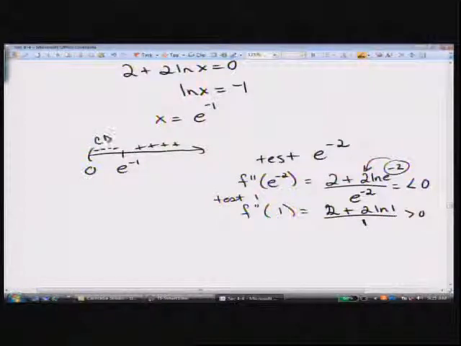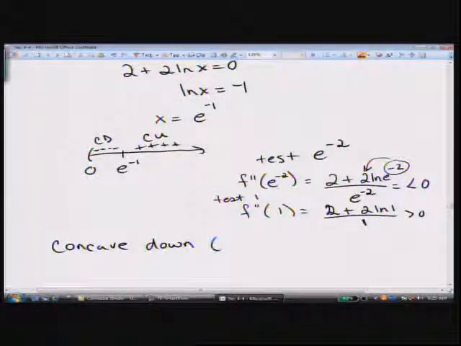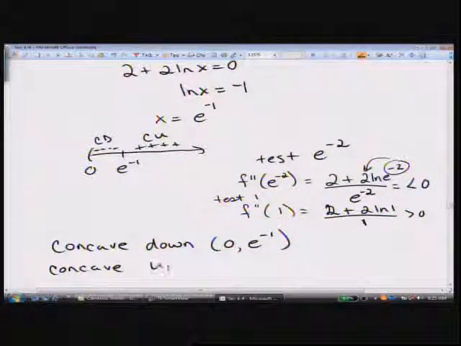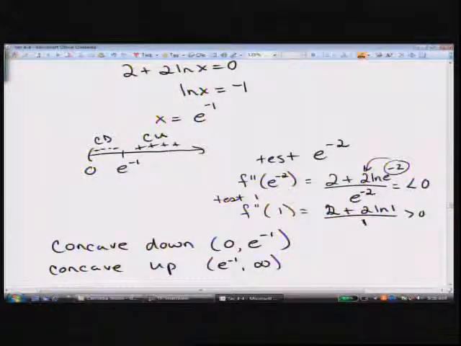I'm concave down and then concave up. So I'm concave down from 0 to e to the negative 1, and I'm concave up from e to the negative 1 to infinity.